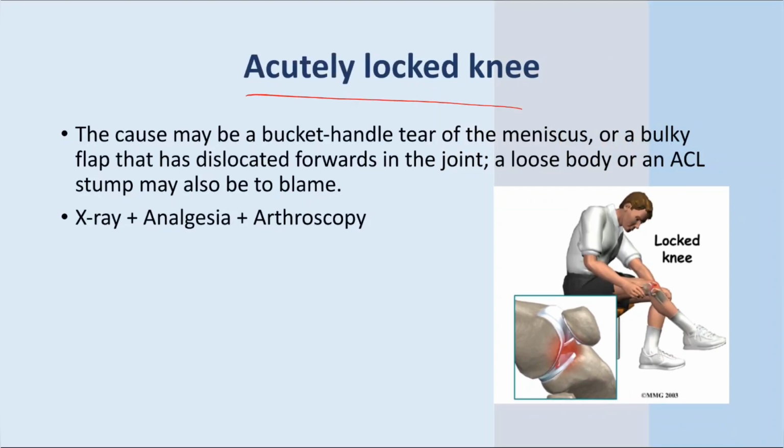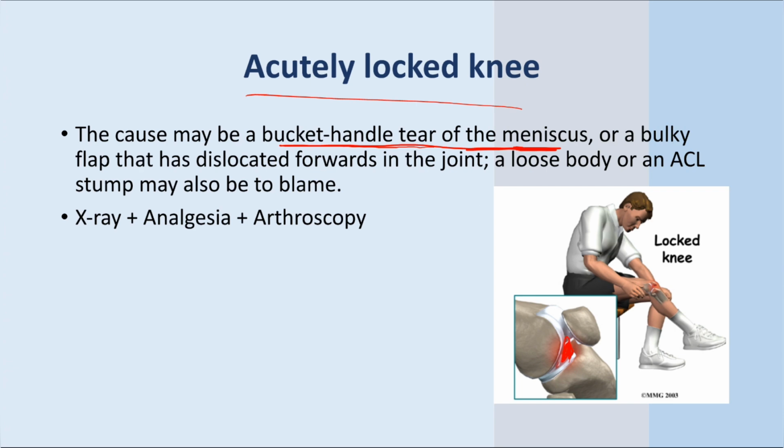Acutely locked knee. The cause may be a bucket handle tear of the meniscus. So a meniscus injury could happen, leading to inability to move the knee, or a bucket handle flap that has dislocated forwards in the joint.